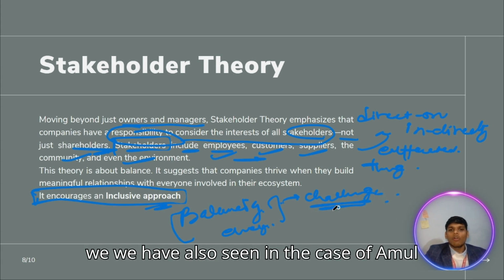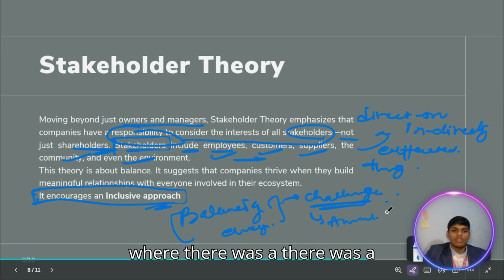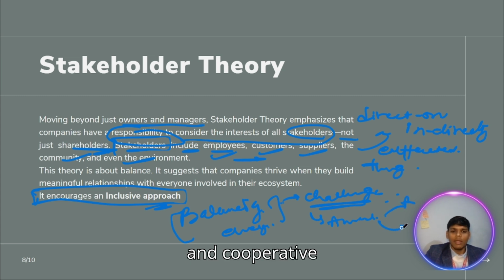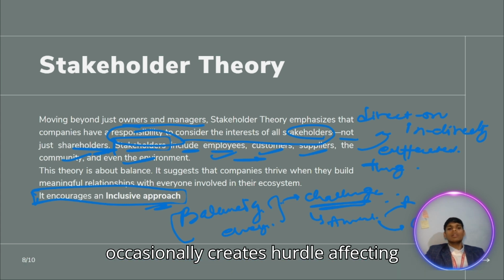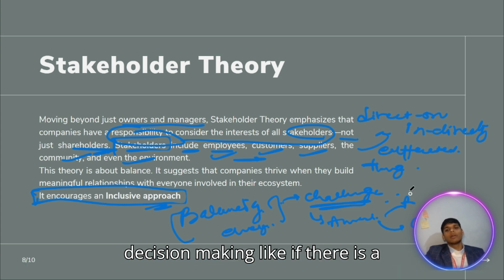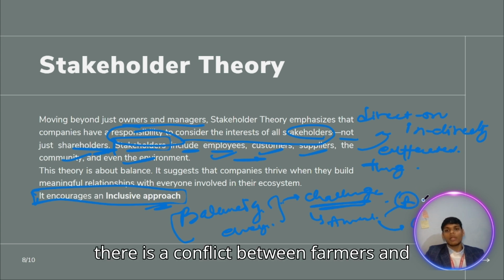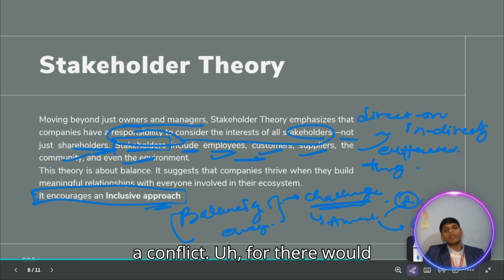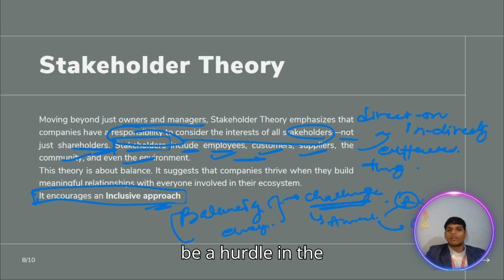Like we have also seen in the case of Amul, where a conflict between farmers and the cooperative occasionally creates hurdles affecting decision making. Like if there is a conflict between farmers and the management of Amul, there would be a hurdle in the decision making, of course.